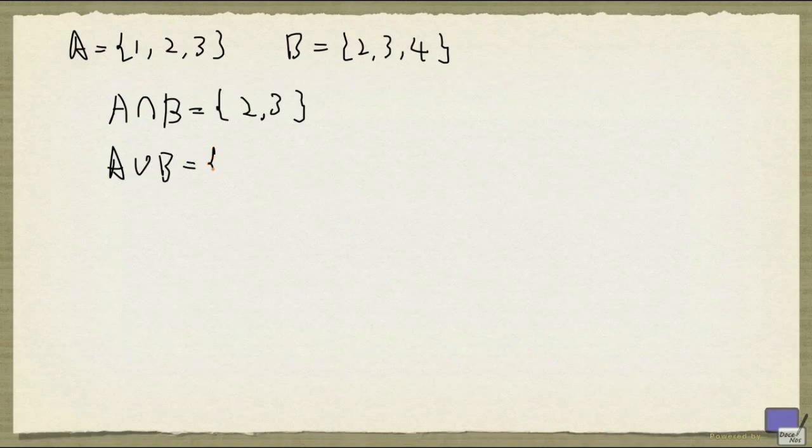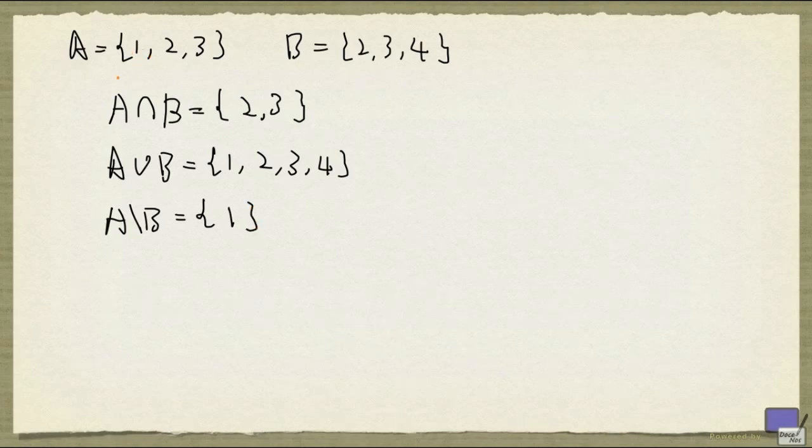A union B would contain all the elements in either A or B or both. And A minus B will be just {1}, because 1 is the only element in A that does not appear in B. Now I can also form B minus A, and that would just be {4}, because 4 is the only element that appears in B but not A.